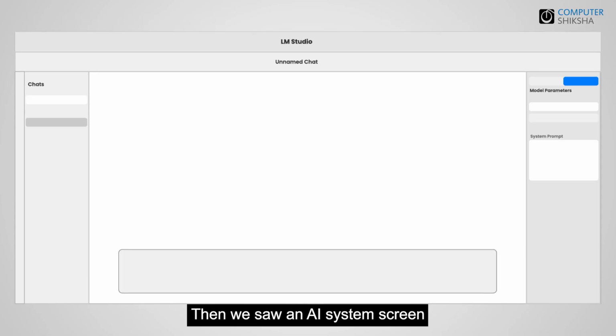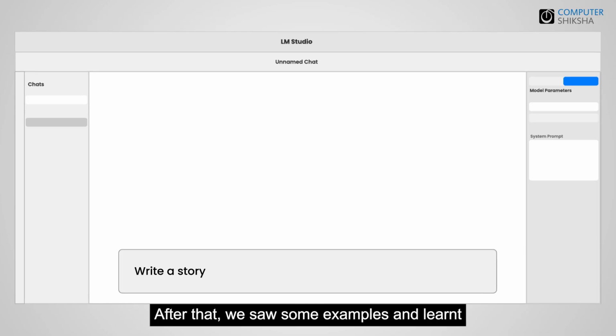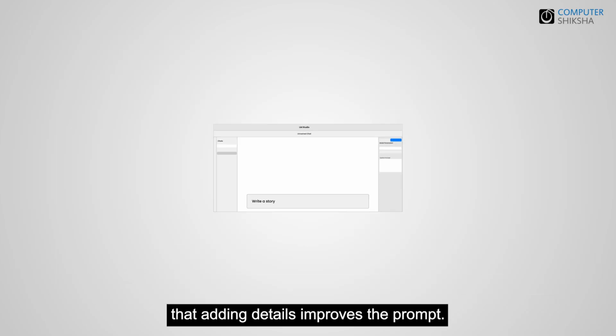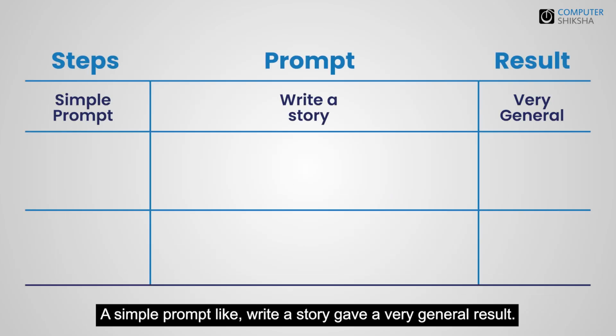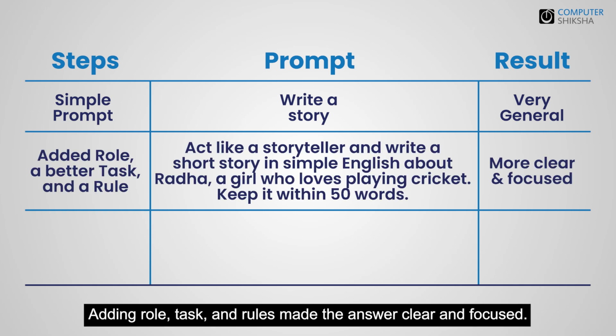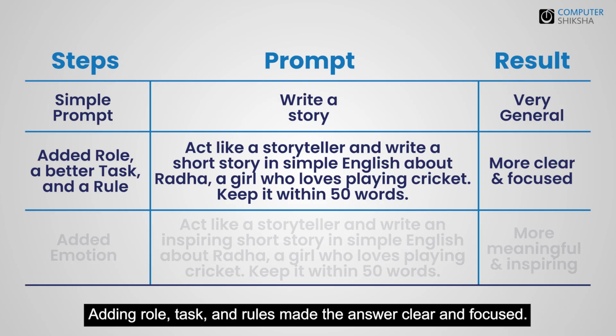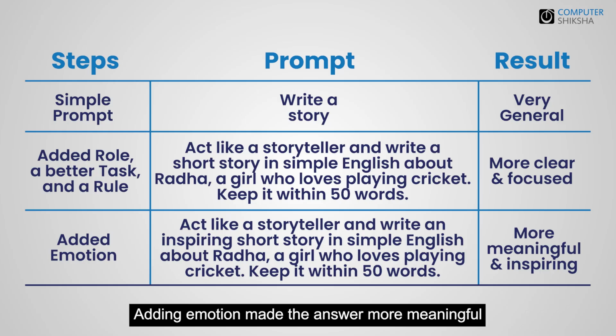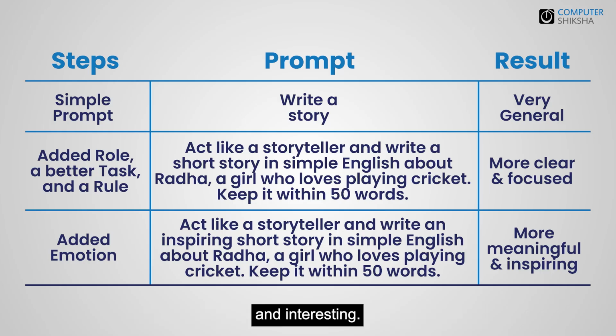Then we saw an AI system screen where we wrote a simple prompt. After that, we saw some examples and learnt that adding details improves a prompt. A simple prompt like write a story gave a very general result. Adding role, task, and rules made the answer clear and focused. Adding emotion made the answer more meaningful and interesting.